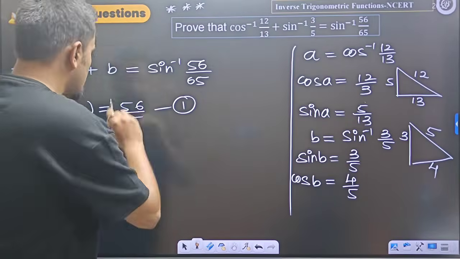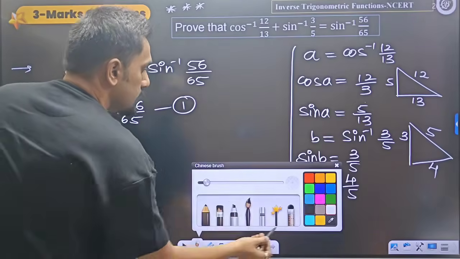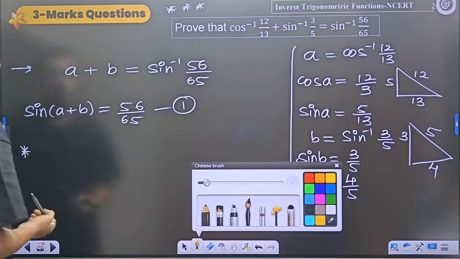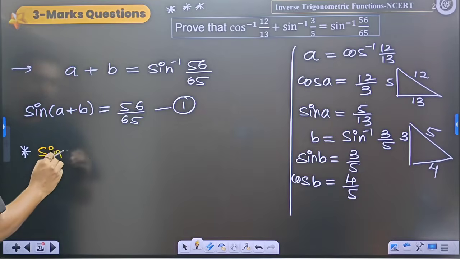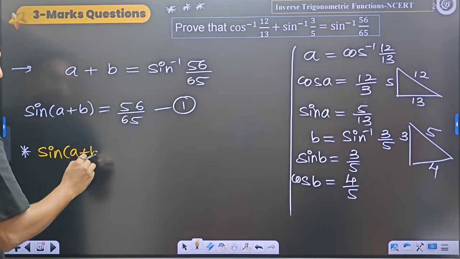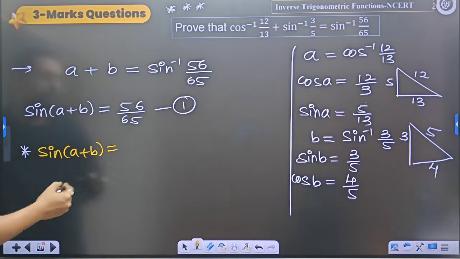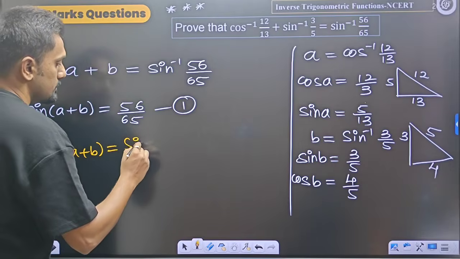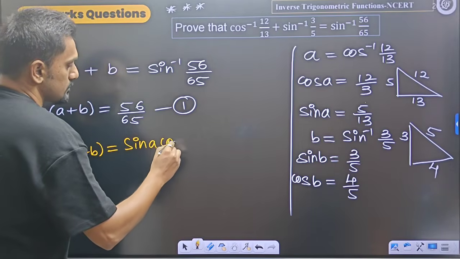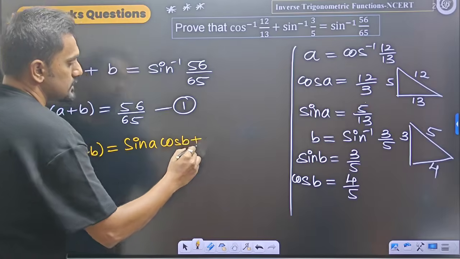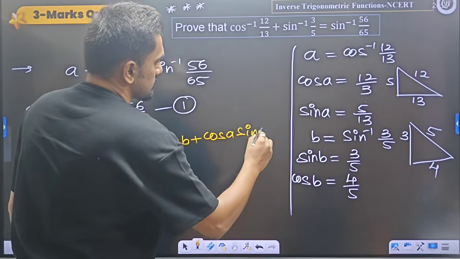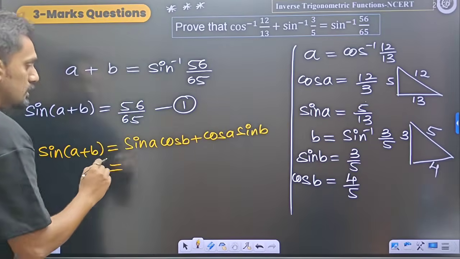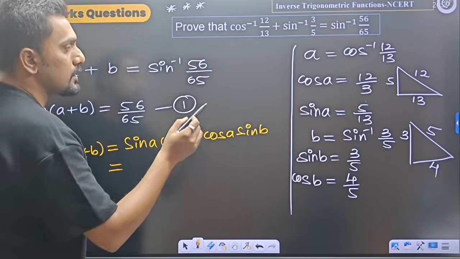So substituting these values in the expansion of sine of A plus B. Sine of A plus B is equal to sine A cos B plus cos A sin B. What is the value of sine A?